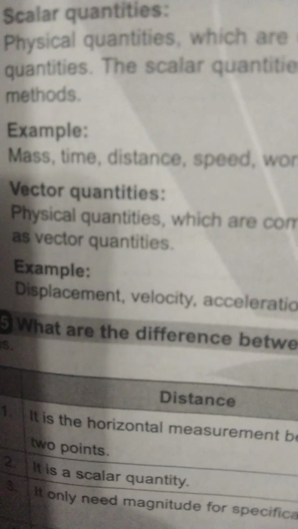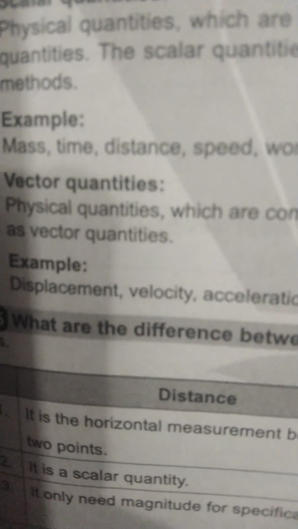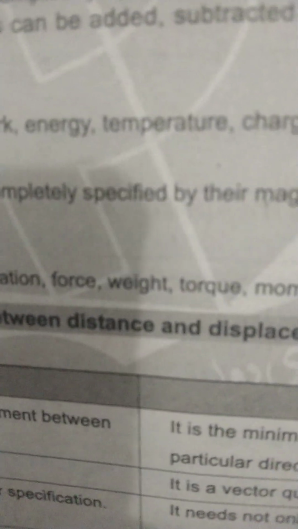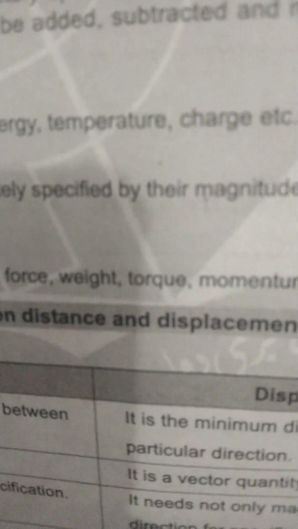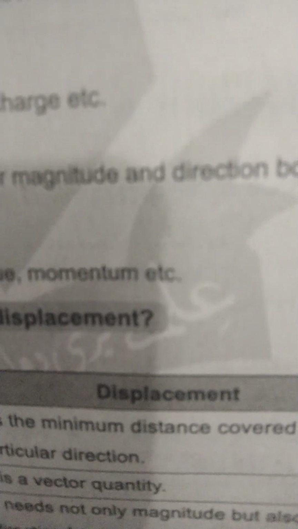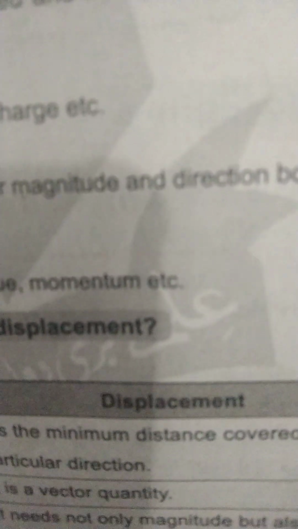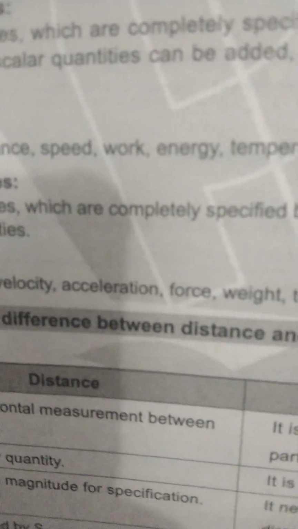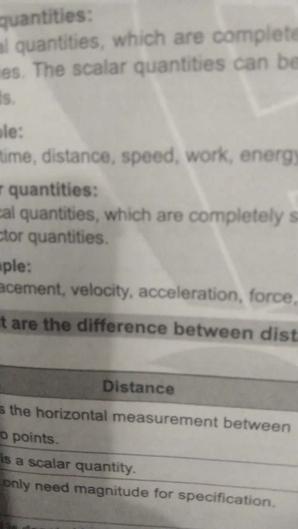Now what then are vector quantities? Vector quantities are those physical quantities which are completely specified by their magnitude and what else? That means they have a direction, which is missing in the scalar quantities. Wherever the magnitude and direction are both present, it means they are vector quantities.